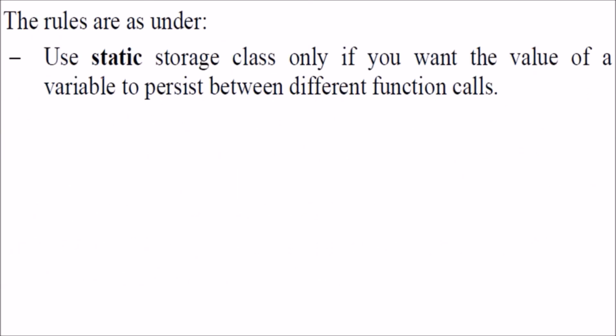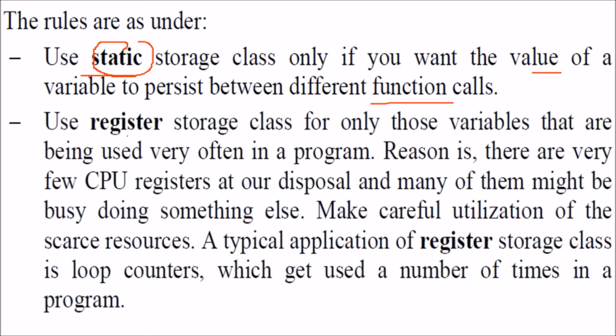So the rules are: static storage only if you want the value of the variable to persist between different function calls. Otherwise, this static will always remain, and that will keep the memory by itself. Register only when you use a variable, a counter, again and again in your program. If you are using a variable heavily, then you must keep it in register, otherwise not, like the loop counters.